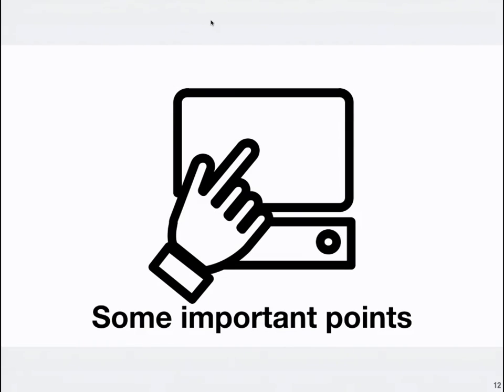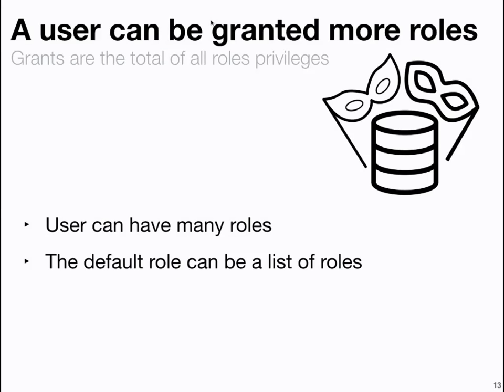A few points are important to remember when you deal with roles. You can grant more than one role. So if you have several roles that each do half of what you want the user to do, you can grant both of them to the user, and then the user will have the sum of the privileges.